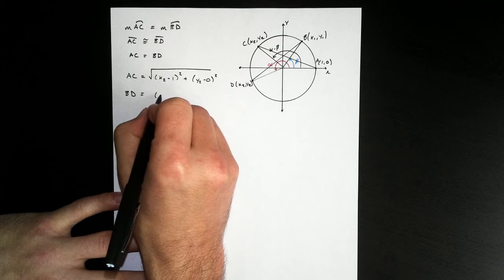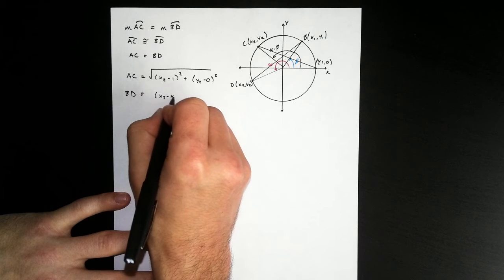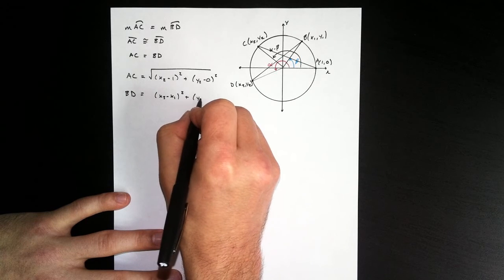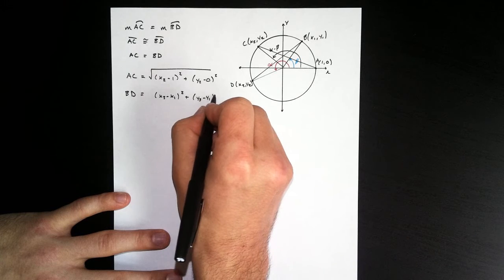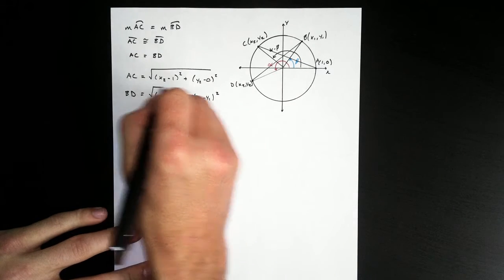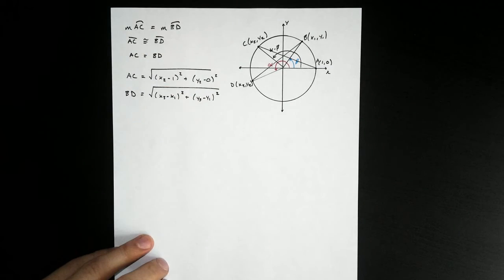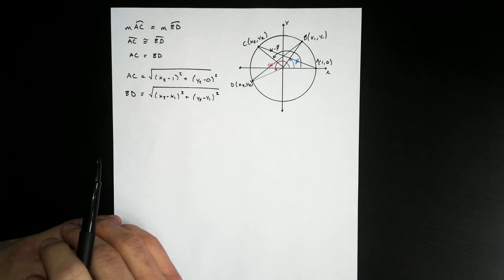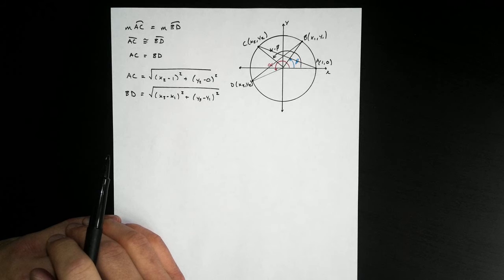So let's see, our two x values, x3 minus x1, and then our two y values, y3 minus y1. So these two distances have to be equal.